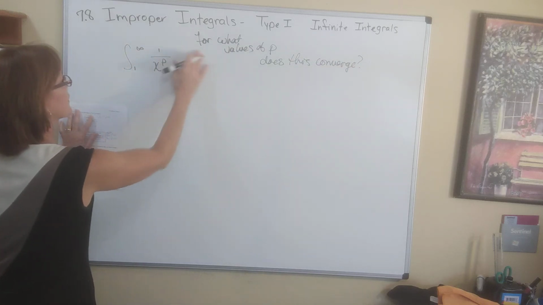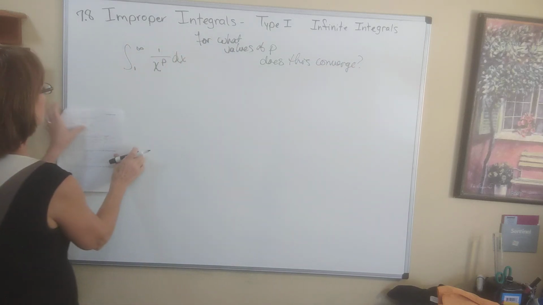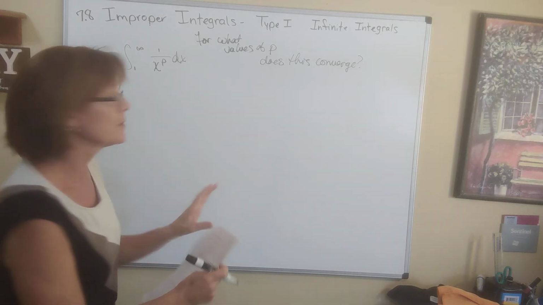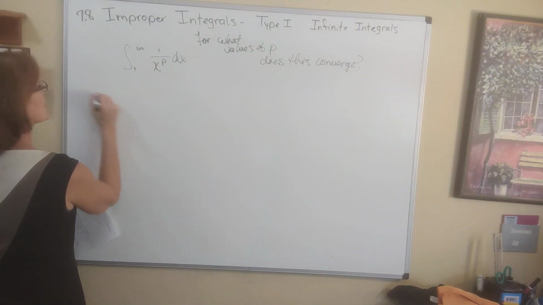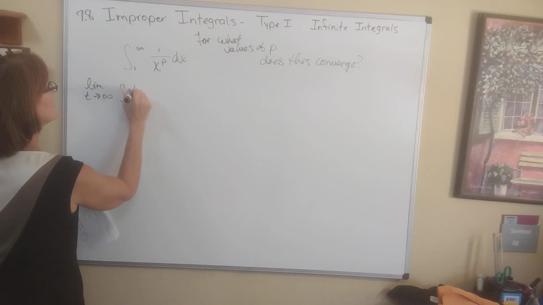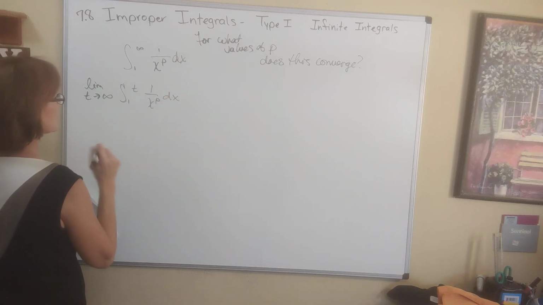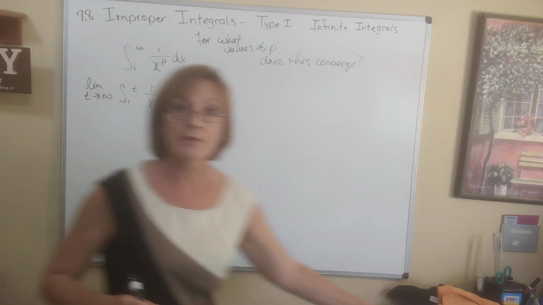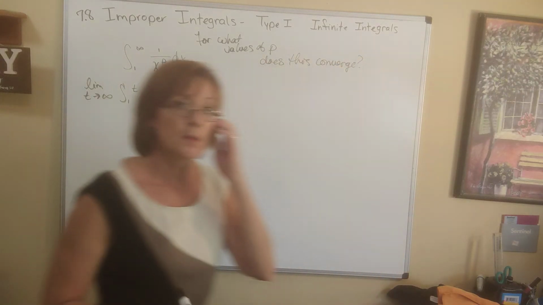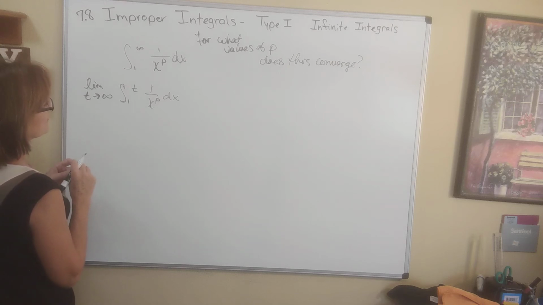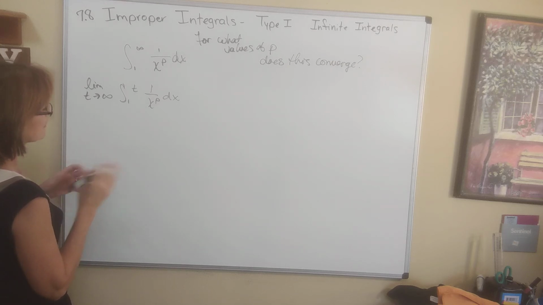That's what we're after. Okay, so here we go. Let us rewrite it as a limit. See what happens. This can be written as the limit as t goes to infinity of the integral from 1 to t of 1 over x to the p dx. And then we can take the antiderivative of 1 over x to the p, where p is a real number, so we'll let p be a real number.